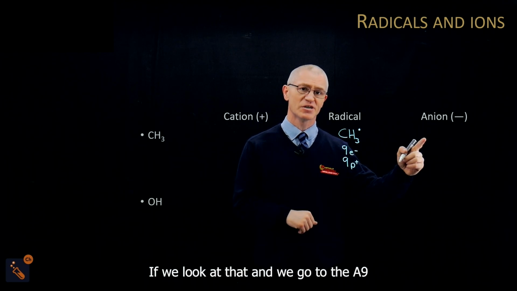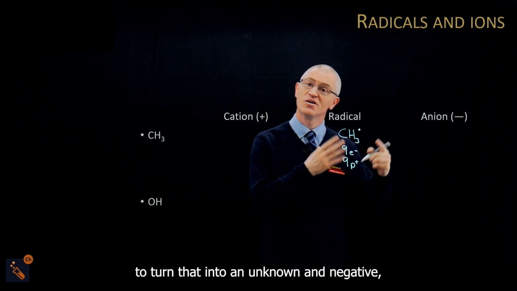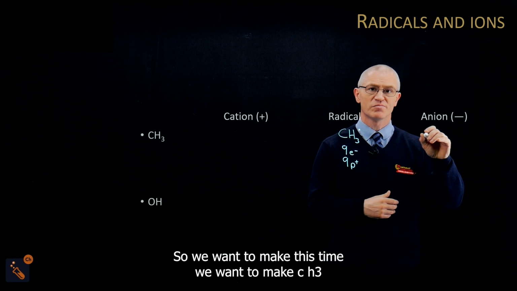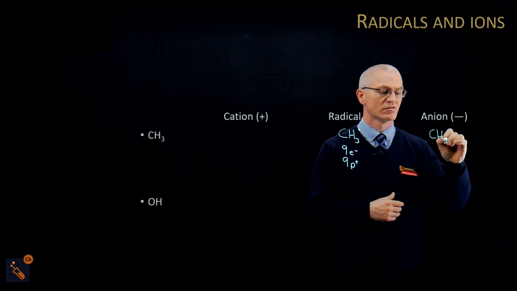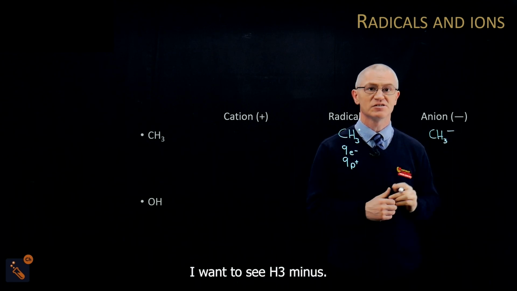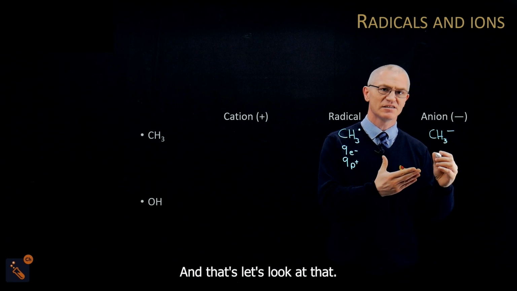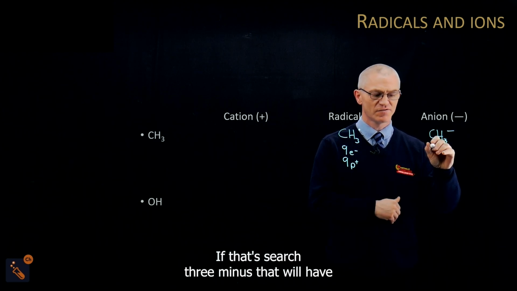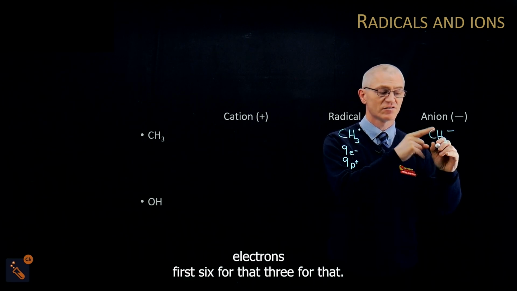If we look at that and we go to the anion, to turn that into an anion, a negative, we have to add an electron. Okay, so this time we want to make CH3 minus. So we're making CH3 minus, so let's look at that. If that's CH3 minus, we'll look at the electrons first, 6 for that, 3 for that.